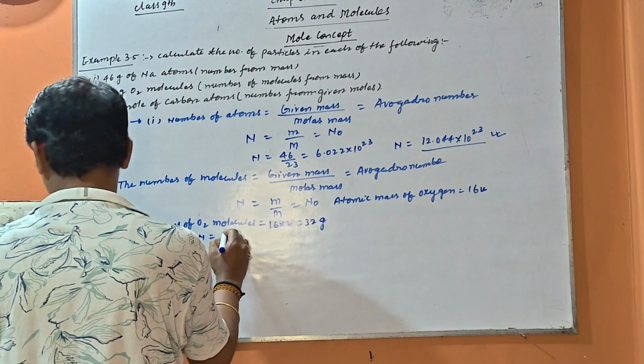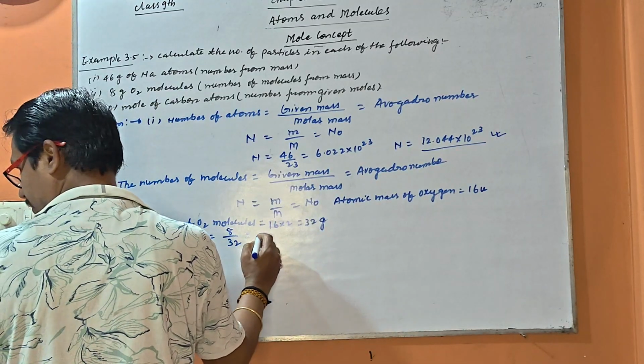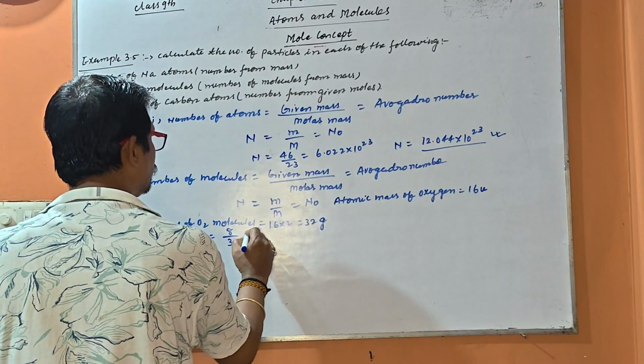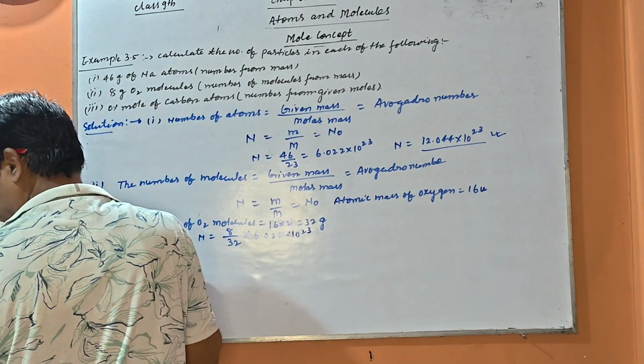N is equal to 8 by 32 into 6.022 into 10 to the power 23.